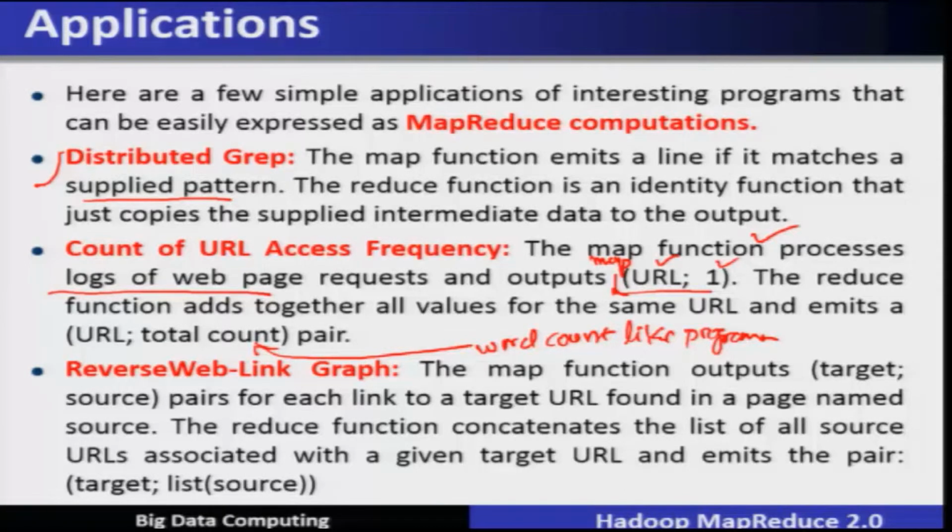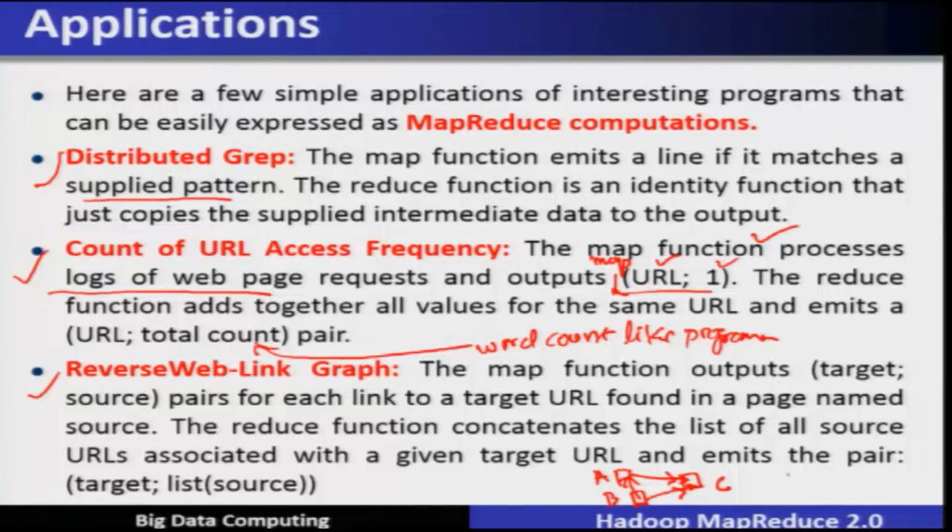Another application where a MapReduce program is used is the reverse web link graph. For example, there are web pages and they are pointing to each other. Let us say these are A, B and C. We want to find out, for web page C, how many different pages are pointing to it.